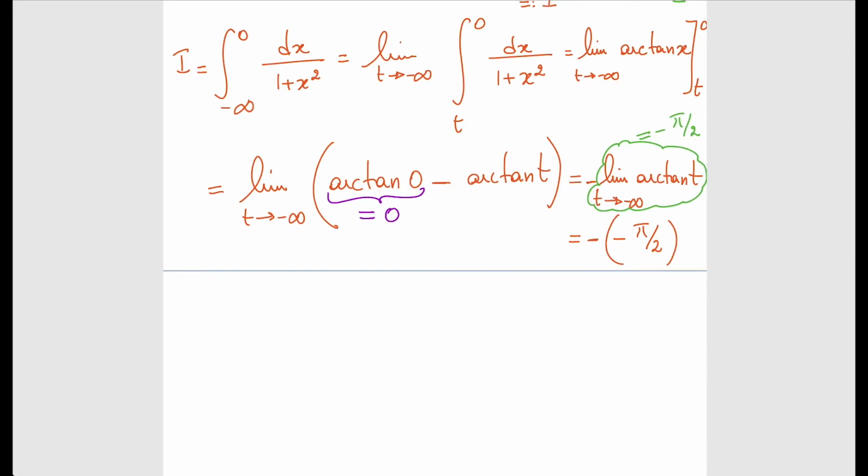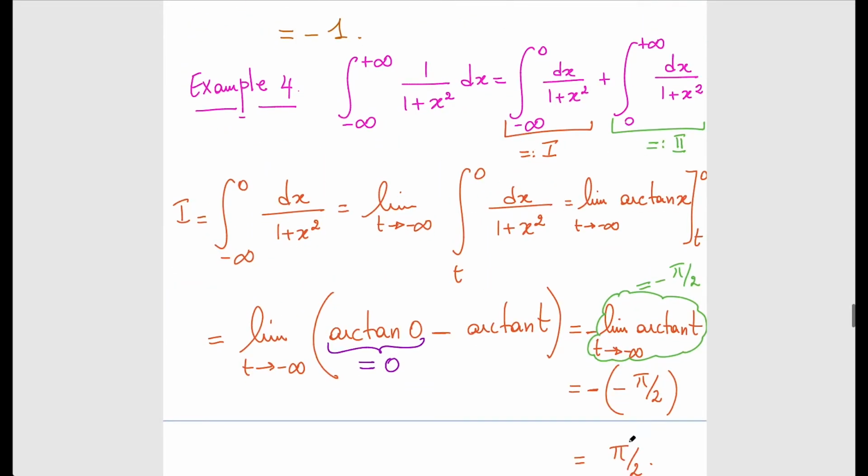So then, minus the minus becomes plus, right? So this is plus pi over 2. So integral 1 is finite, right? And hence it's convergent. I'm still betting on this: if this is convergent, then the sum is going to be the value of that improper integral.